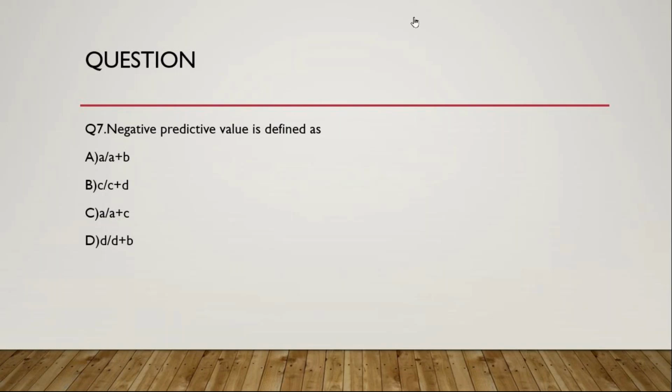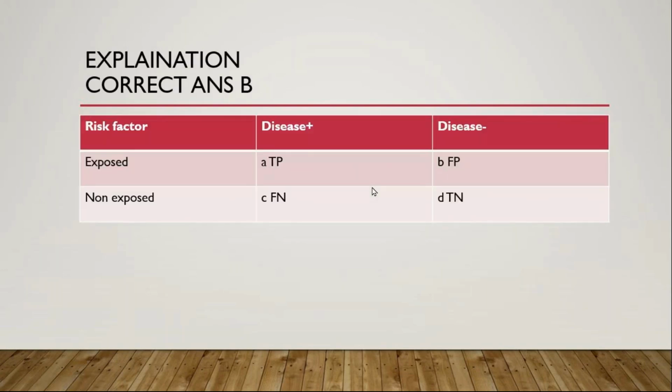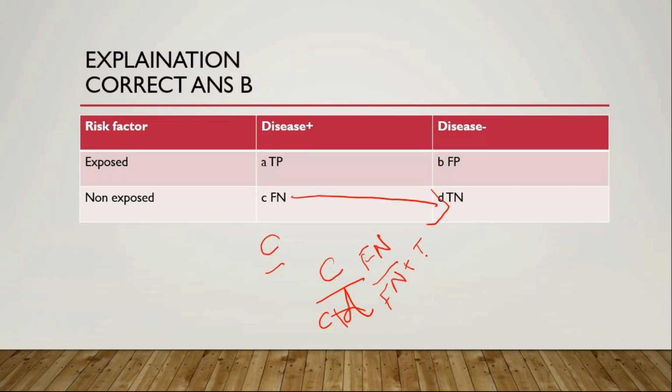C upon C plus D. Yes, so the correct option is option B. So the correct option is C upon C plus D. Make a 2 by 2 table like this and negative predictive value is C upon C plus D. That is, false negative upon false negative plus true negative.